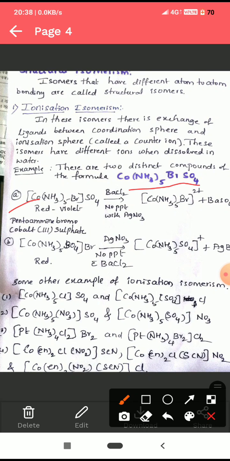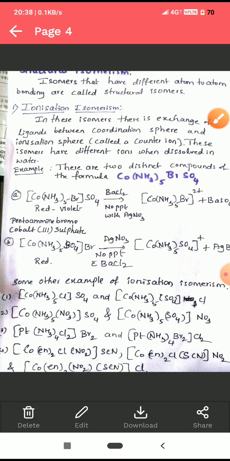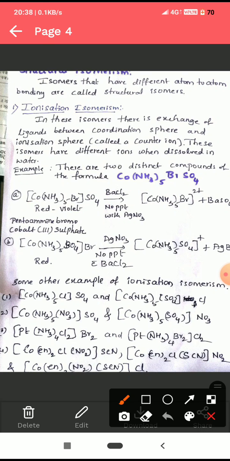In the first one, the name of the complex is pentaamminebromocobalt(III) sulfate. In the coordination sphere, there are two types of ligands, NH3 and Br, and in the ionization sphere, there is the sulfate ion.